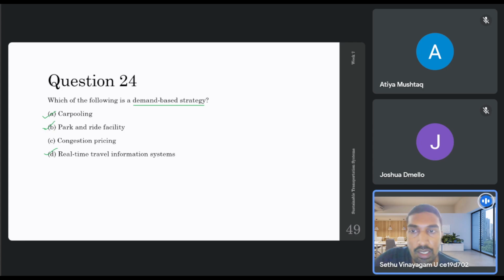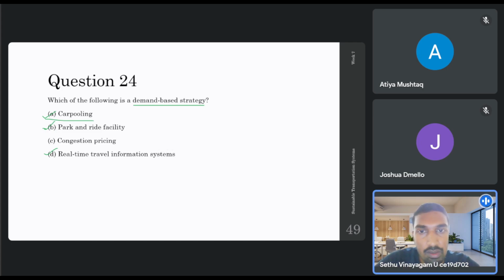So for example, if you look at carpooling, it's not really under the control of the system planner, right? How people are going to do this carpooling, it's not really under the control of the planner. So people decide to do that, they can do a carpool and then use it, right?